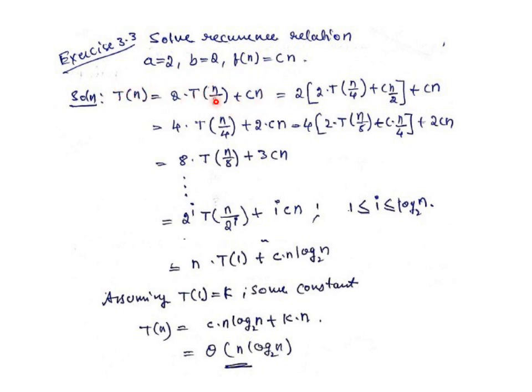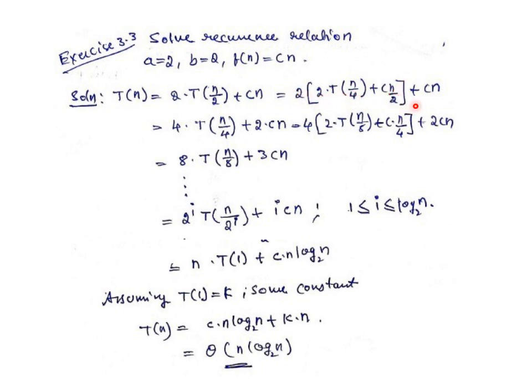So this T of n by 2 we can replace with 2 into T of n by 4 plus c into n by 2, because for T of n equal to 2 into T of n by 2 plus cn, n is replaced by n by 2, so that is c into n by 2. So this is equal to 2 to the power 2 times T of n by 4, and this is c of n divided by 2, multiplied by 2, that is 2 into cn divided by 2.